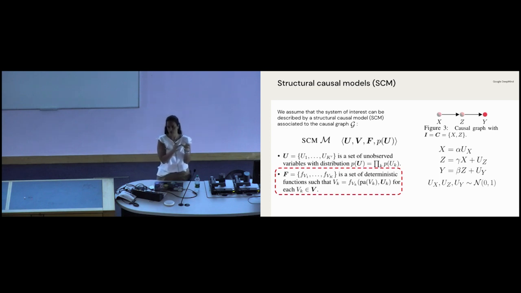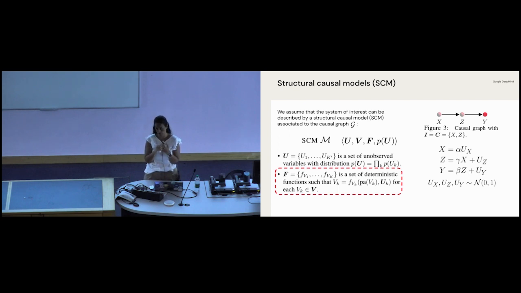Some variables U, exogenous variables, some variables V that are the nodes in the graph, some functions F, and the U have an associated distribution P of U. And so these functions are a set of deterministic functions that are known, okay, that are associated to each variable. So this is just a way to formalize with these functions the dependency between variables in this causal Bayesian network.